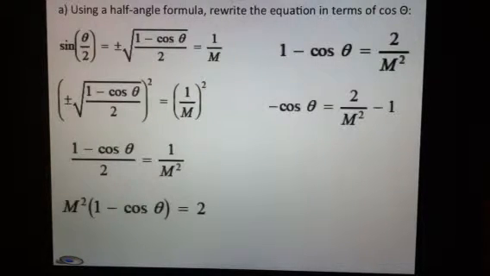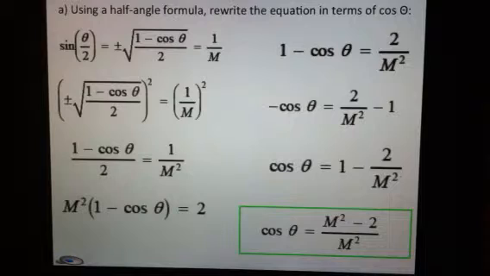Subtract the 1 from both sides, we have negative cosine of theta is equal to 2 over m squared minus 1. Multiply both sides by negative 1, and we have cosine of theta is equal to 1 minus 2 over the Mach number squared. This brings us to our final answer here. Our equation in terms of cosine of theta is cosine of theta is equal to (m squared minus 2) over m squared.